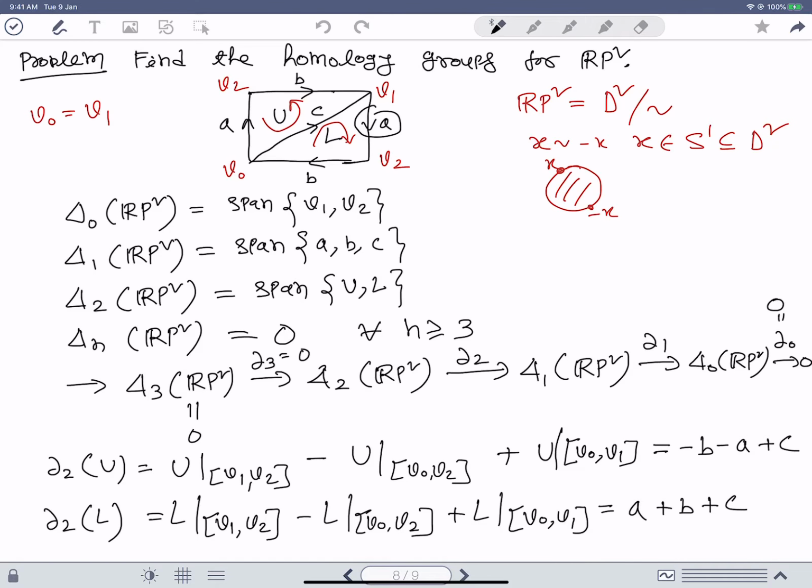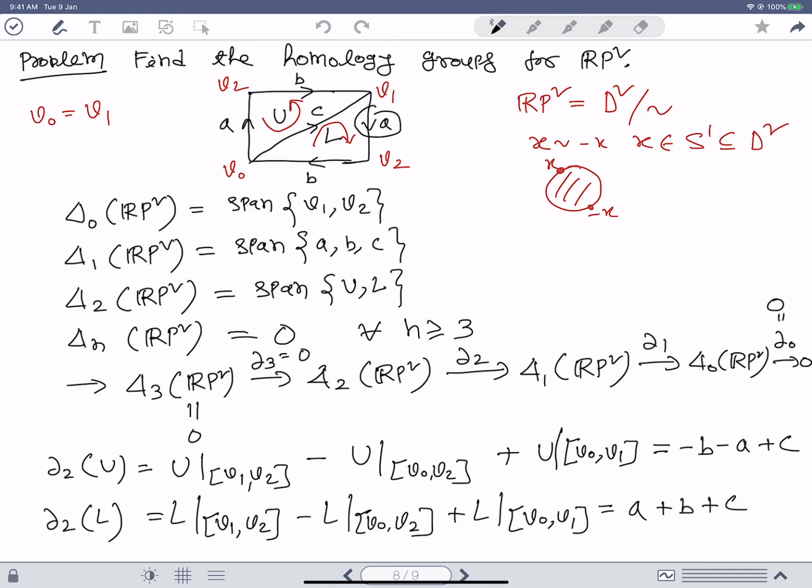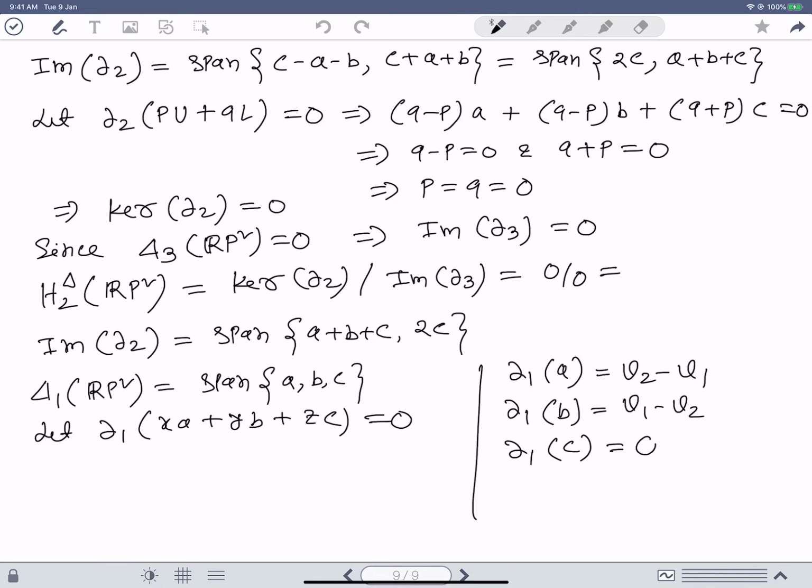Now what is the image of b? So it is v1 minus v2, right? Now what is the boundary of c? Now if you look at what is c, it is starting from v0 to v1, right? So boundary of c will be v1 minus v0. But we know that v1 and v0 both are same, so it is 0.